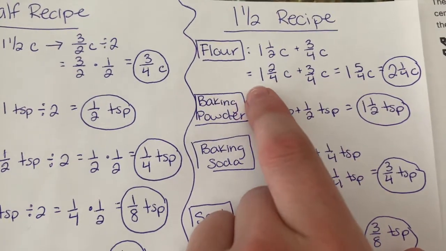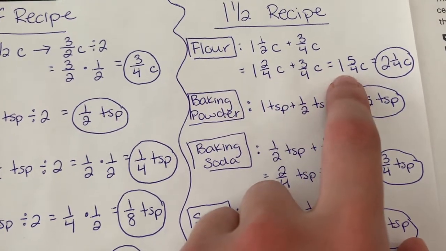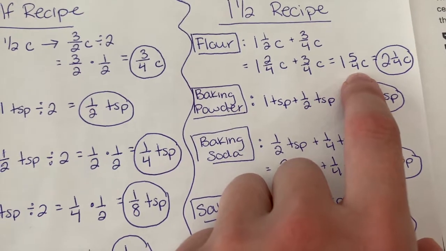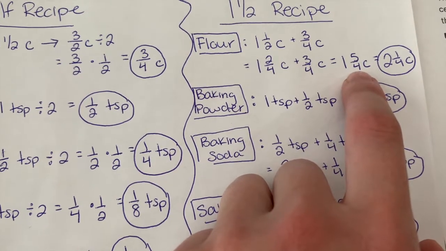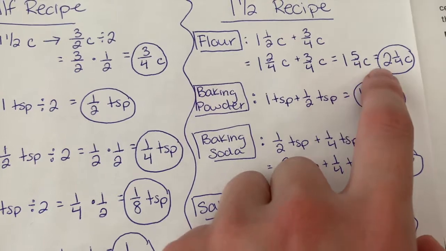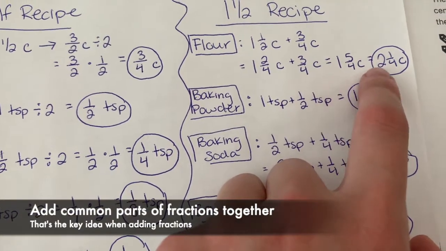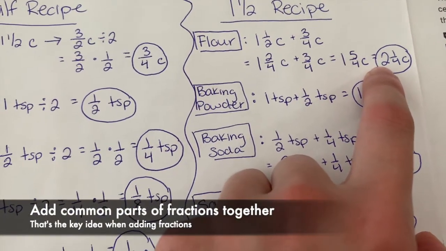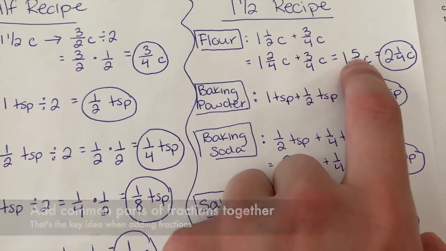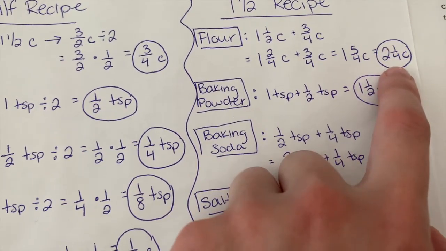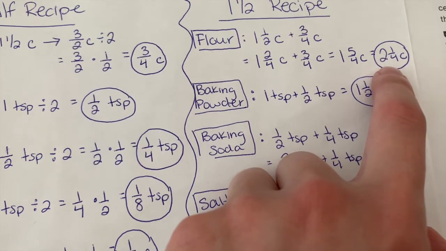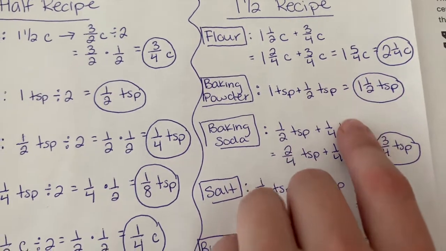I didn't have an extra whole, so I just carry my 1 whole. But then the issue becomes that 4/4 is 1 whole, so I actually do have another whole once I add it together. I'm going to take that out, so now I have 2 wholes. When I take out 4 of the 5 that I have, I end up with 1/4 left. So I'm going to actually use 2 1/4 cups flour.